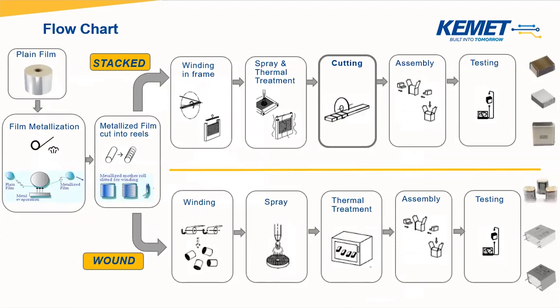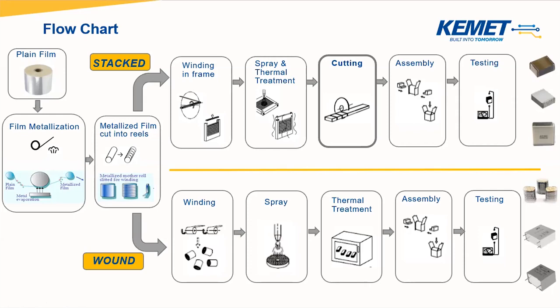If we have a look at the basic flow chart of the construction of the capacitor, we can see that everything starts from the plain film. This is basically our master reel, so the film is not metallized at the beginning. Consider that this master reel can be from 600 to 900 millimeters wide. The first step of the process is the metallization of the film, applying metal over the film plane.